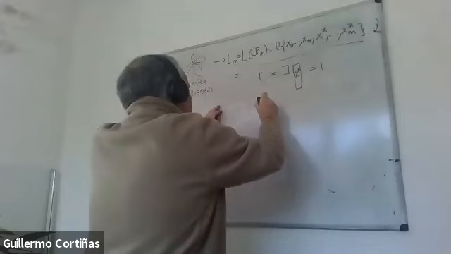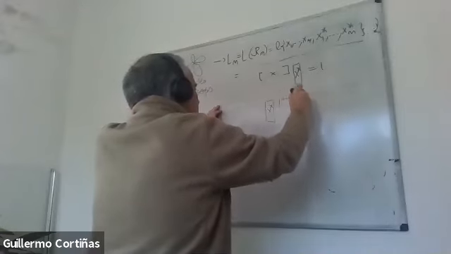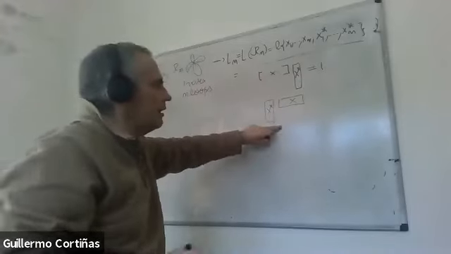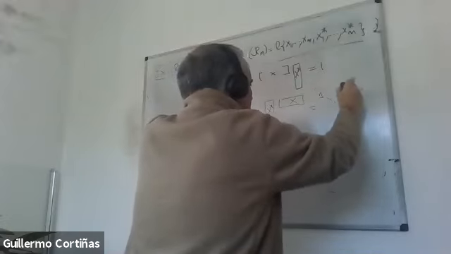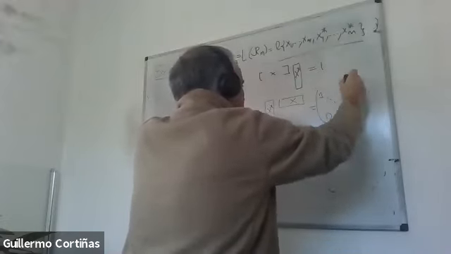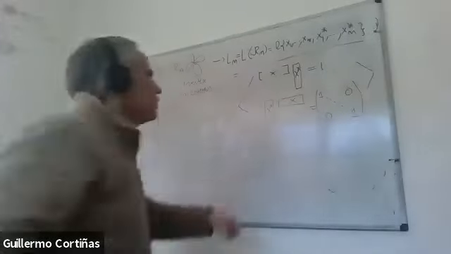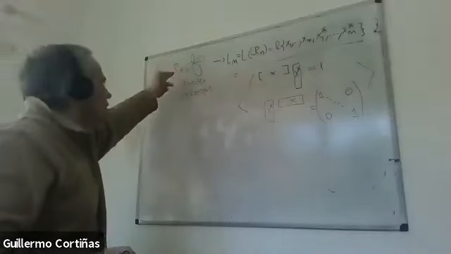And the other product is 1, but the n by n 1. So this is the n by n identity matrix. So this is the Leavitt path algebra of this graph.